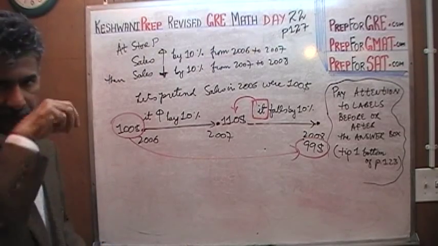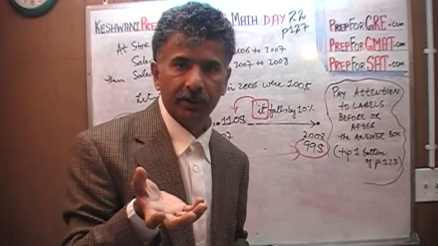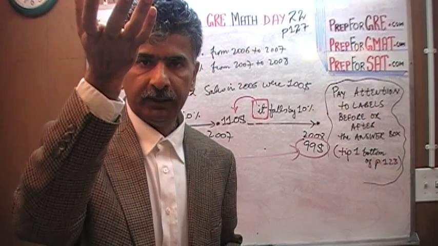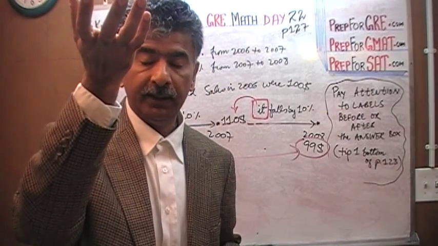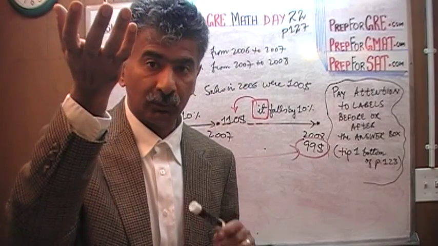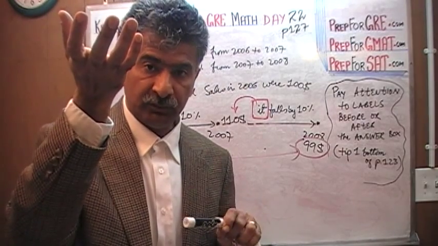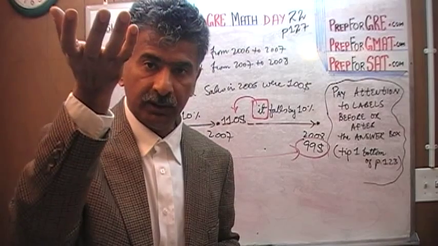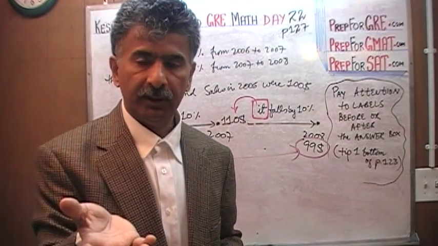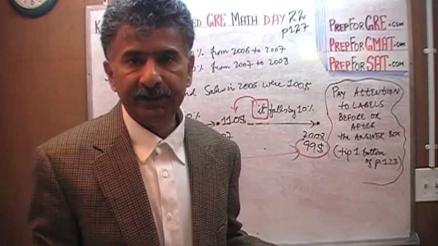It's no longer 100. If you start out with 100 and if you increase it by 10%, it goes up to 110. And then if you decrease it by 10%, now the base here is no longer 100, the original point that you started out with, but 110. So you take your 110 and if you decrease it by 10%, 10% of 110 is 11, and you end up with 99.